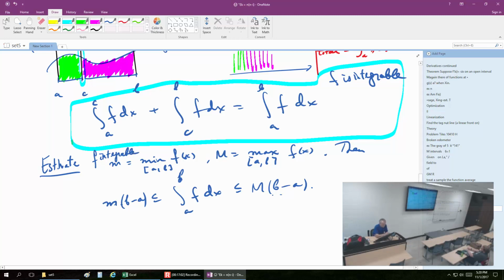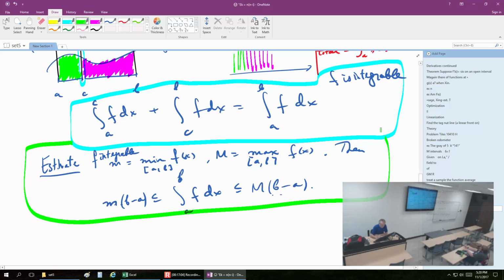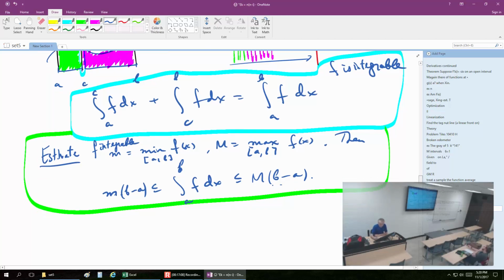So that brings us to a very nice concept from this theorem, a very nice concept of the average value. As you can see, what if I go ahead and divide this double inequality by b minus a, so it will be 1 over b minus a times the integral from a to b of f dx.